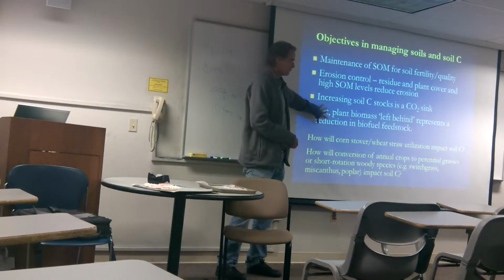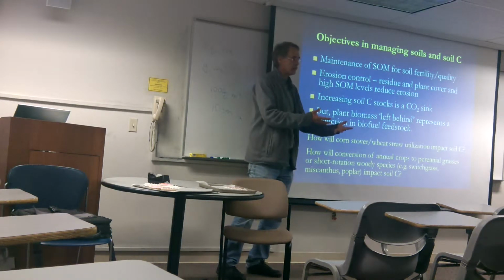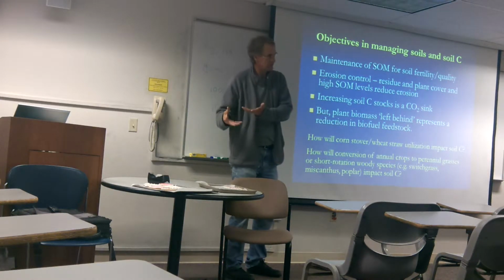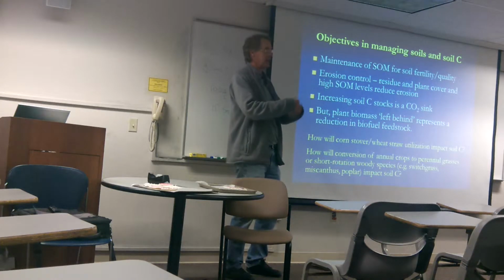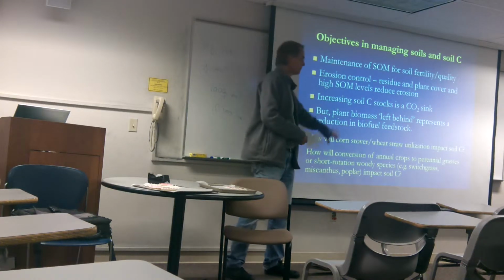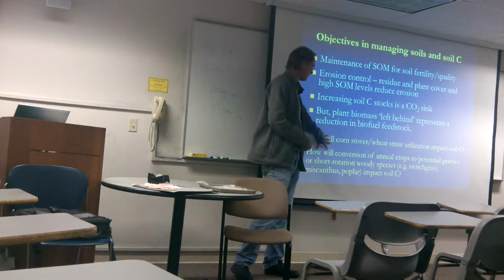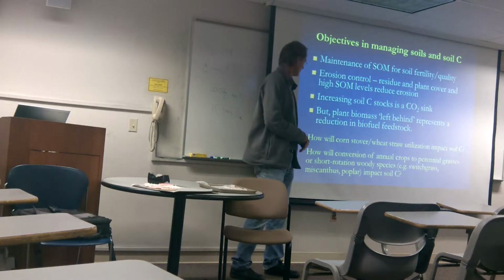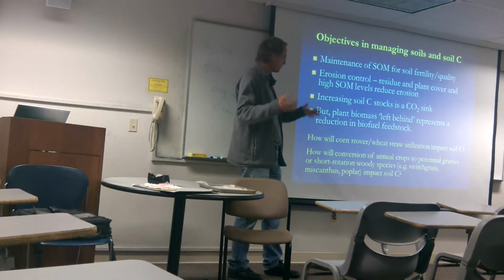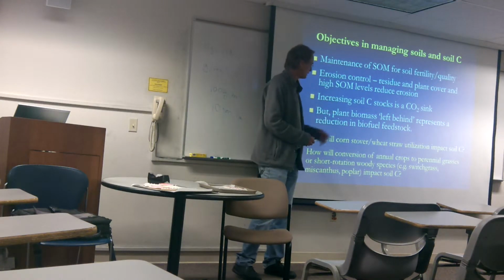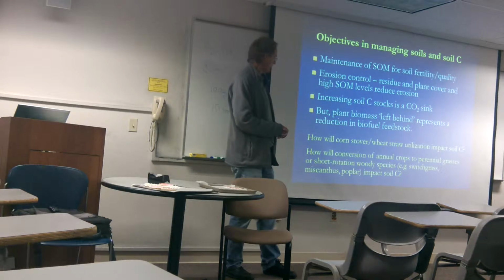So there's kind of a trade-off, right? The biomass you produce, you want to take away and convert it to fuels. It's also the source for the organic matter that maintains organic matter in soils. So if you remove that corn stover, wheat straw, how's that going to impact the soil carbon? It may have negative effects, and we'll look at how you might analyze that.